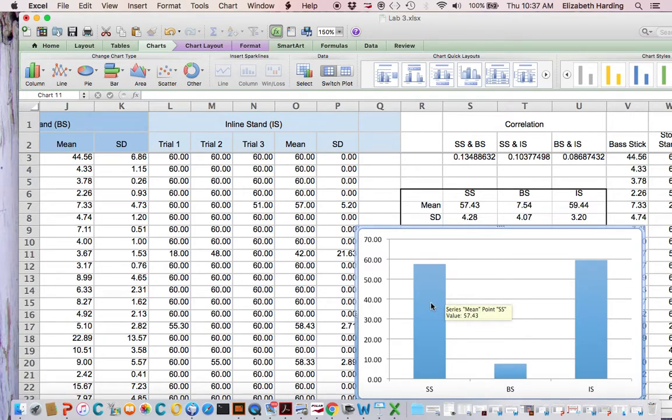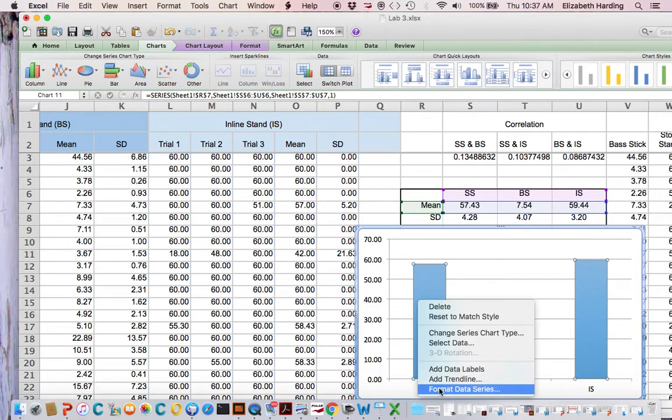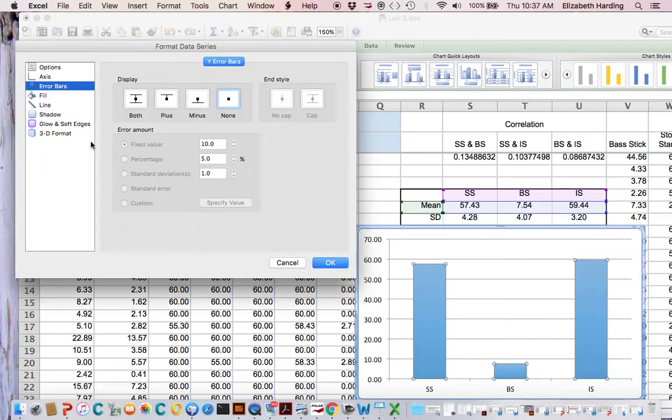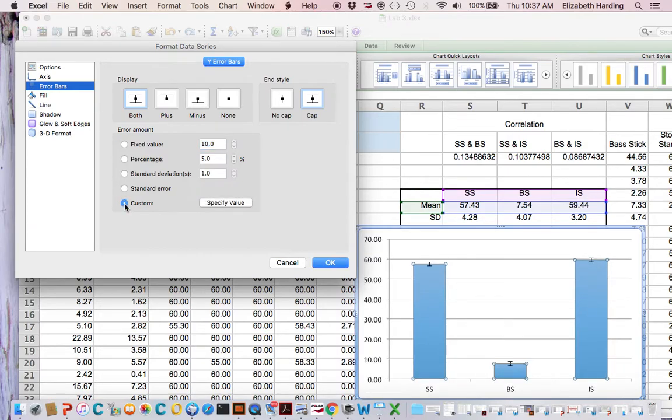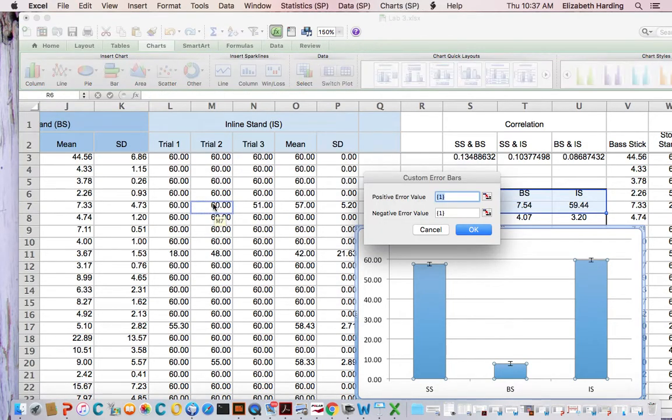So I'm going to highlight my columns of data here, and right click, format data series. We have error bars. I want to display both the positive and the negative directions. I think a cap looks pretty, so I'm going to use that. And we're going to select the custom feature and specify value.